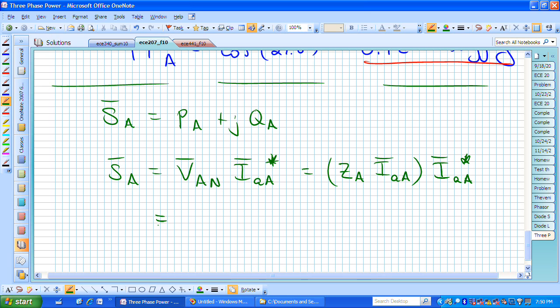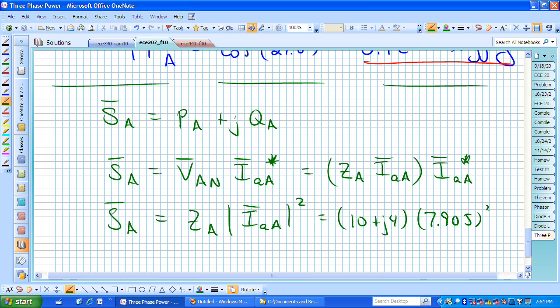We know, though, that the product of a complex number times its conjugate is just the magnitude of that complex number squared, and so we end up with the complex power of the A phase is the impedance of that A phase times the magnitude of the line current in that phase squared. In our particular case, Z sub A was 10 plus J4, and I sub AA magnitude was this 7.905, and we're going to square that.